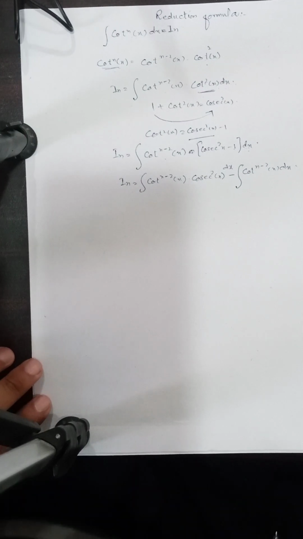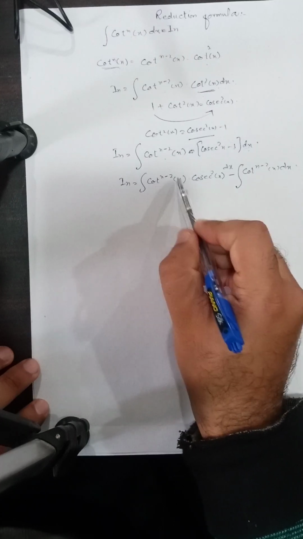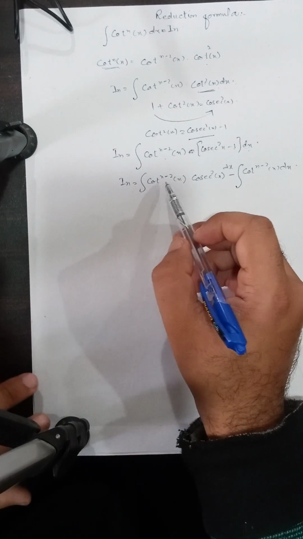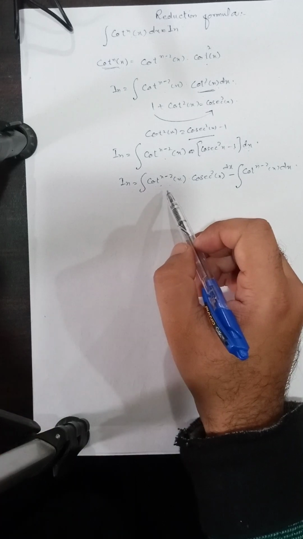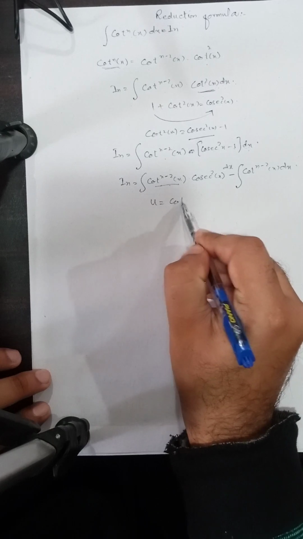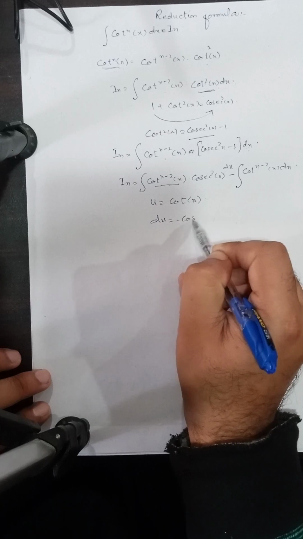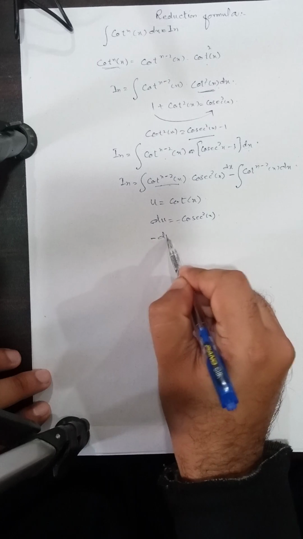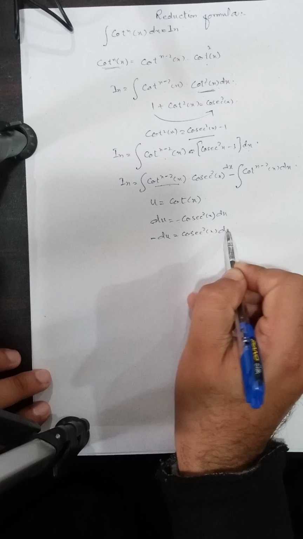After this it is very easy, we can directly find its integration, but you may be confused in these steps, about how I take the direct step. So let u is equal to cotangent of x, so du is equal to minus cosecant square of x dx, so minus will be shifted to this side: minus du is equal to cosecant square of x dx.